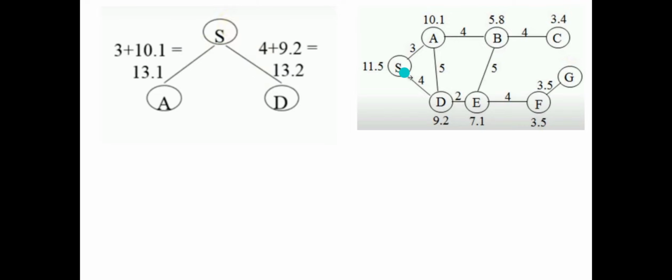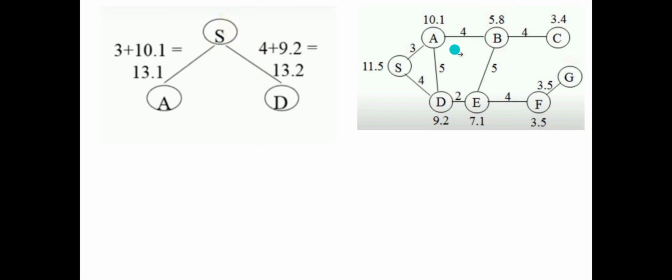To move from S to A, we add the g(n), which is 3, and the heuristic value of A, which is 10.1, giving a cost of 13.1. Similarly, from S to D, we calculate 4 plus the heuristic value of D, which is 9.2, giving a cost of 13.2. When we compare both costs, 13.1 is the minimal. So we move further on from node A.